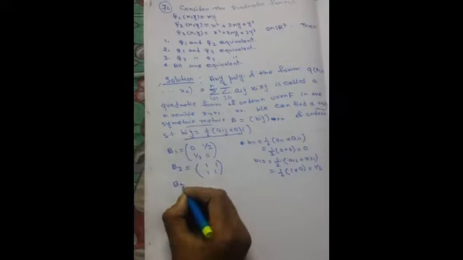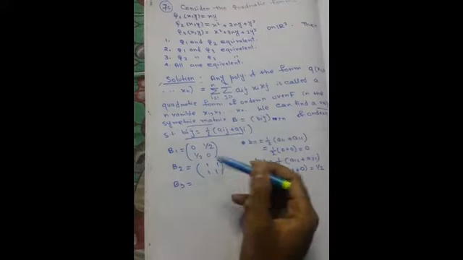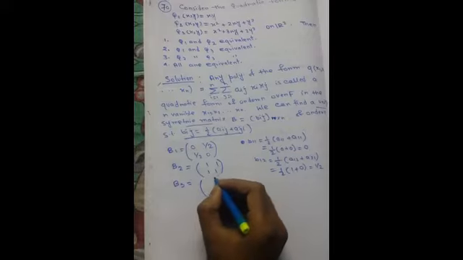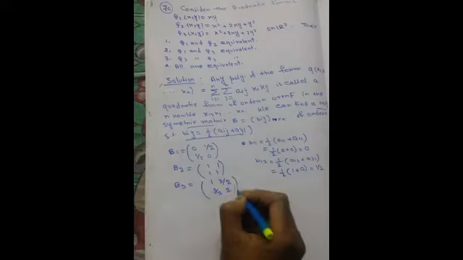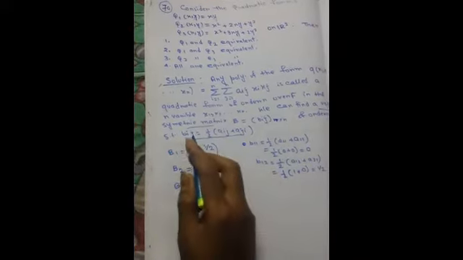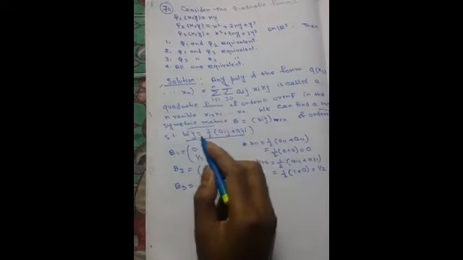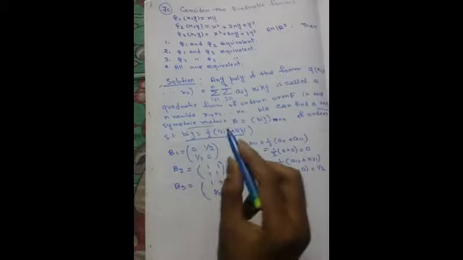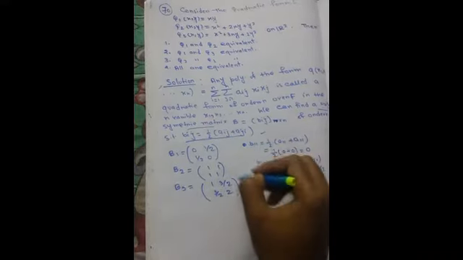And similarly, if we put the values here, we get B3 equal to [1, 3/2; 3/2, 2]. Since b11 is equal to half of (a11 plus a11), b12 equal to half of (a12 plus a21), and also b22, if we apply this formula, then we get this.